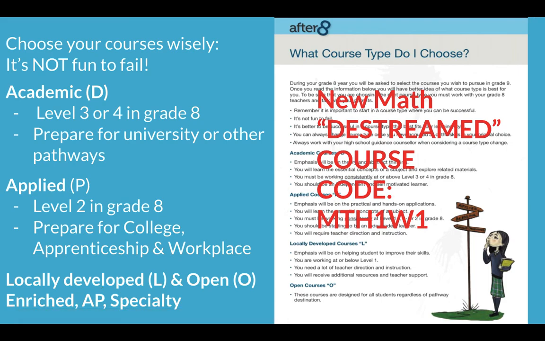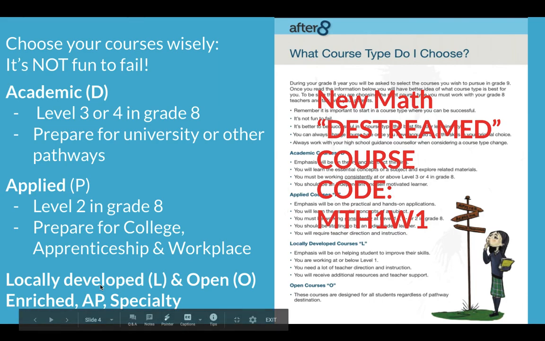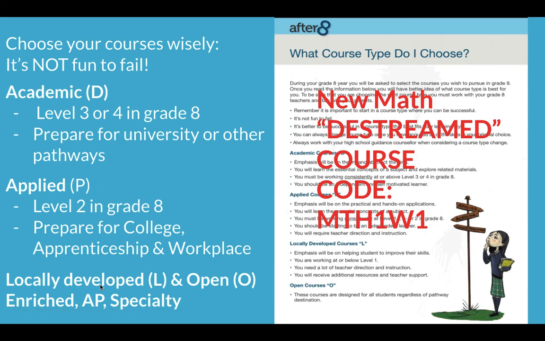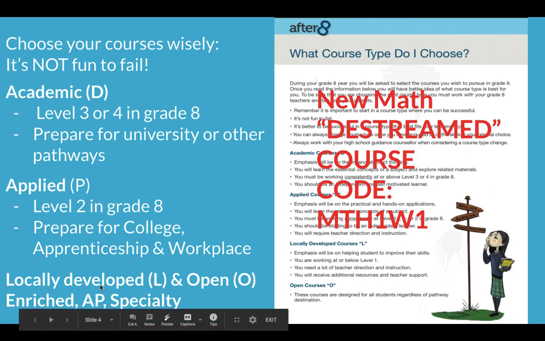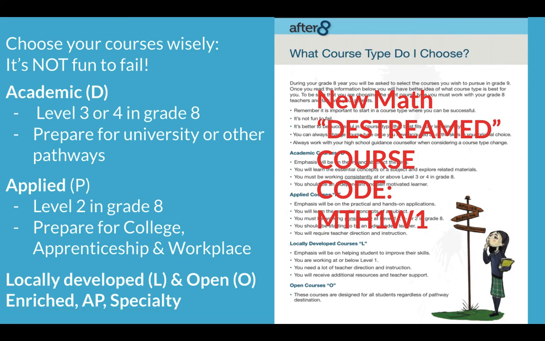The only time you will have a different code than MTH1W1 is if you are taking locally developed, recommended by your teacher, or if you are in a specialty course, the one at the end will be a different letter or number, okay? So when you go to choose your courses, you will not see the option for applied or academic math.